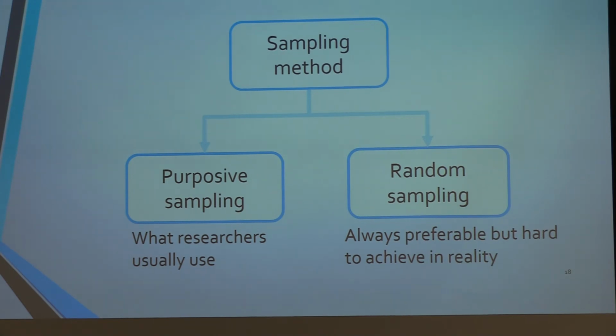But random sampling would be required, for example, if you're going to apply for a high-stake, very prestigious grant, like the General Research Fund provided by the Hong Kong government. It's very competitive and, if you want to do an experimental study, they want to see that you have a very rigorous research methodology. When I first applied for this grant, I suggested I only use a very small number of students, 15 or 30 students in the experimental group and 30 in the control group.